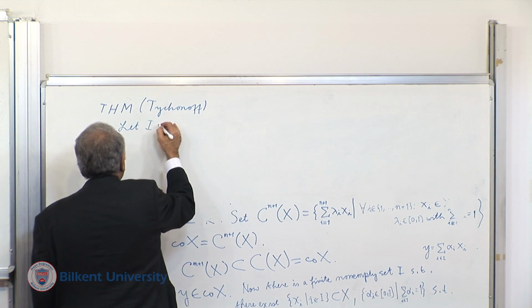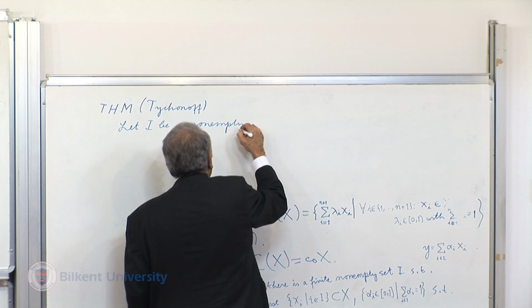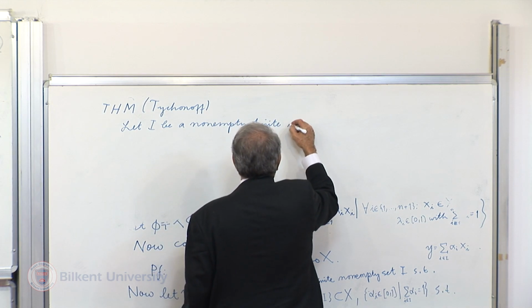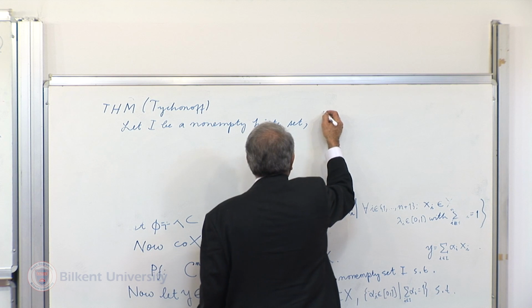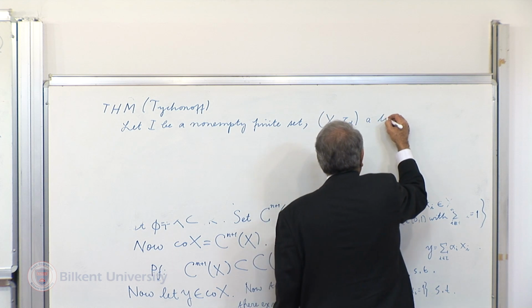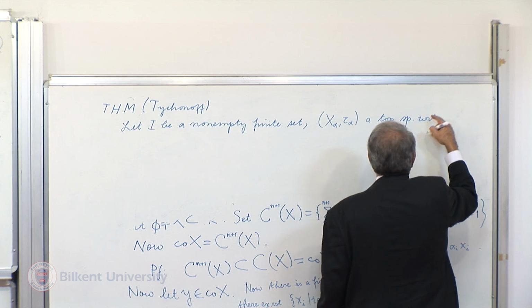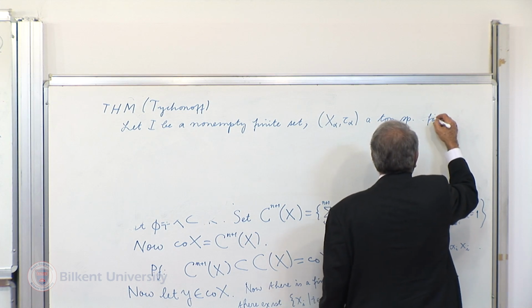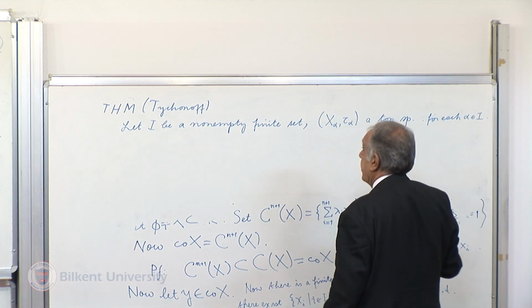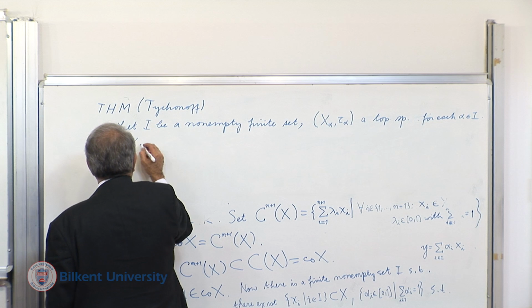Let I be a non-empty finite set, X alpha, tau alpha a topological space for each alpha in I, and X the product of these.